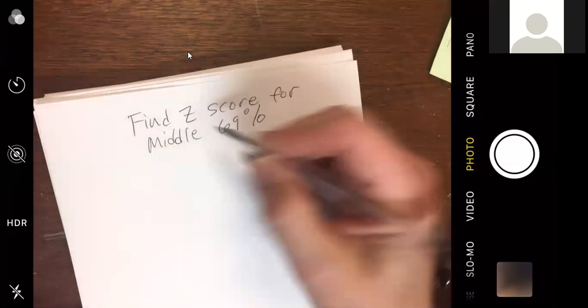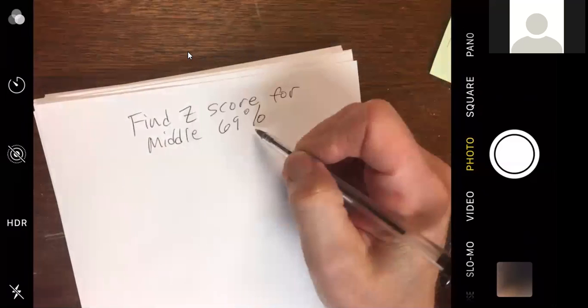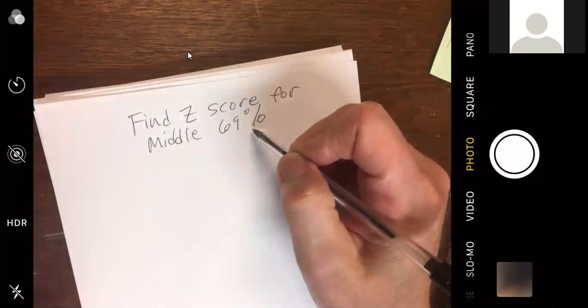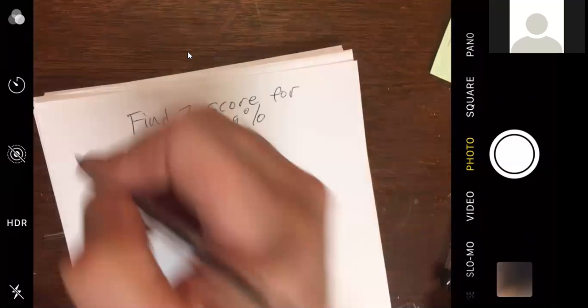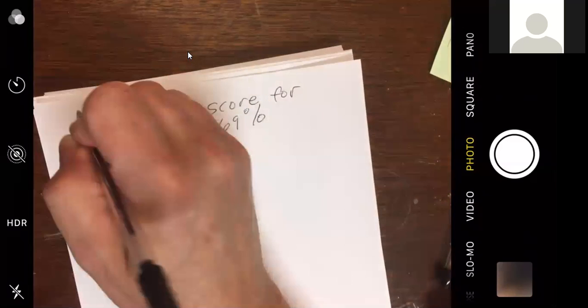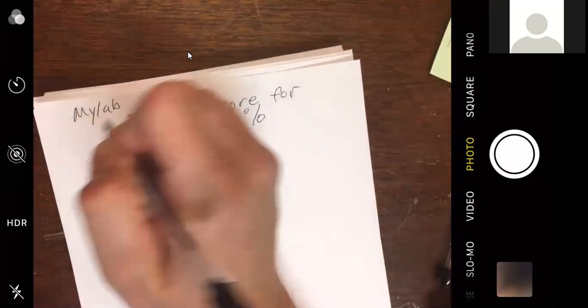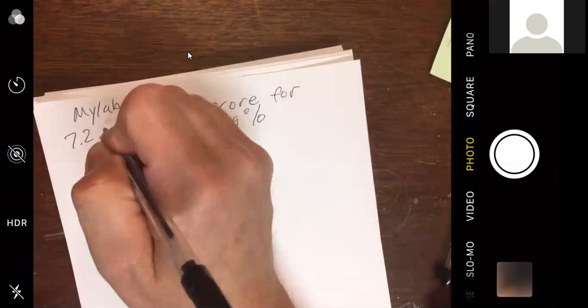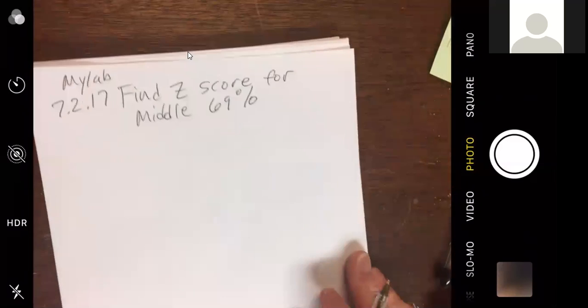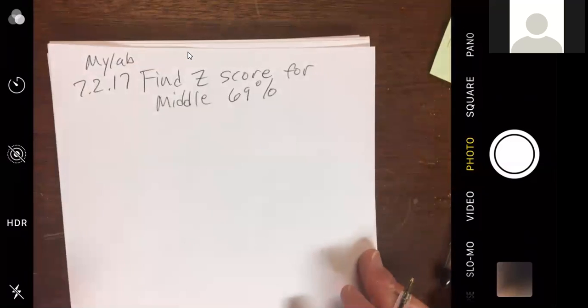So I basically got this: find the z-score for 69% in the middle. Can you give me the problem number? It's 7.2.17. Got it.